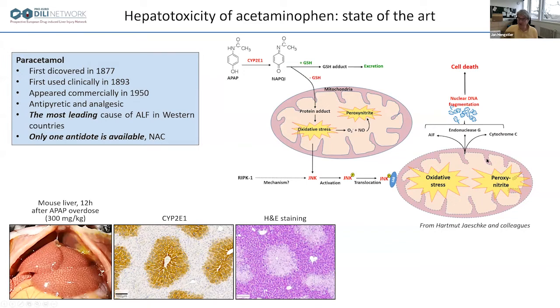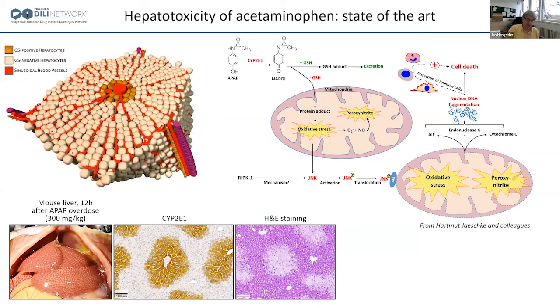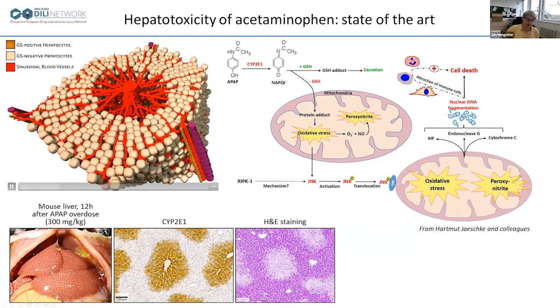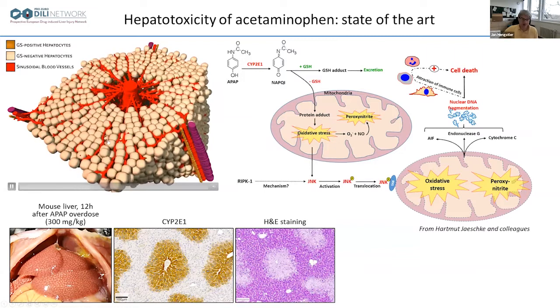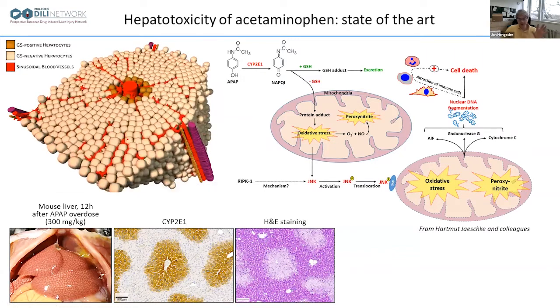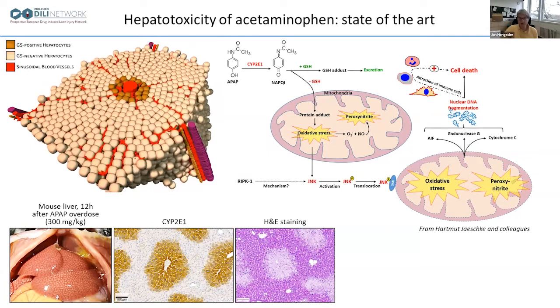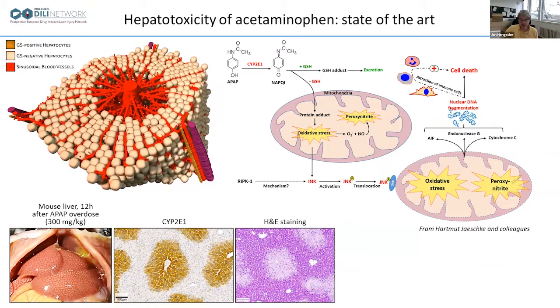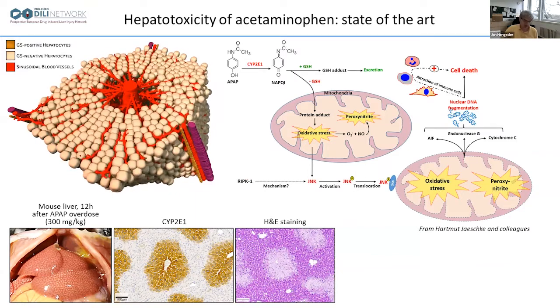And this can induce cell death. So cell death occurs in the center of liver lobules. And if there is a single intoxication, it's easily regenerated. So relatively large pericentral necrosis can regenerate within a relatively short period of about 6 days in mice.